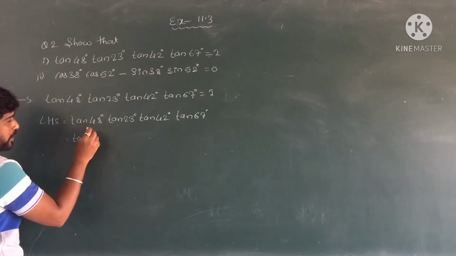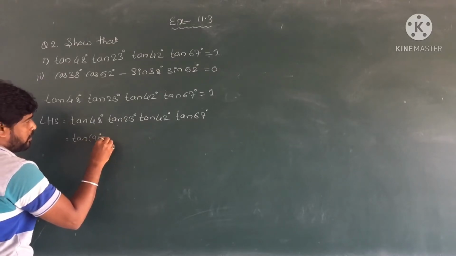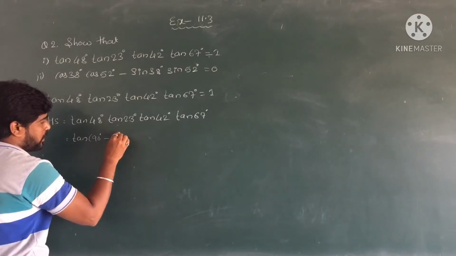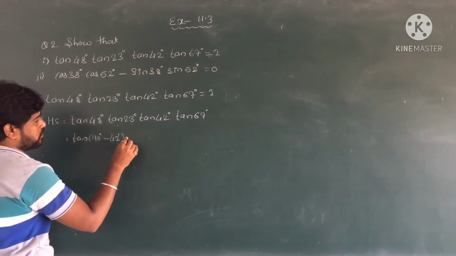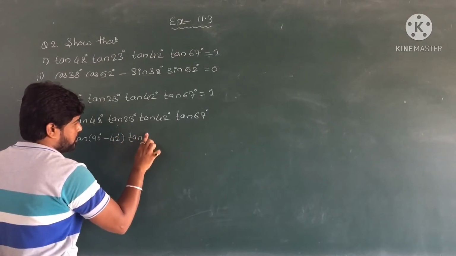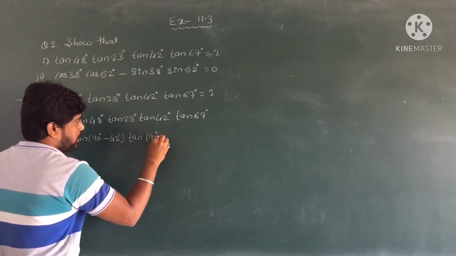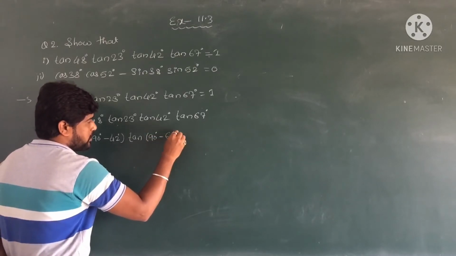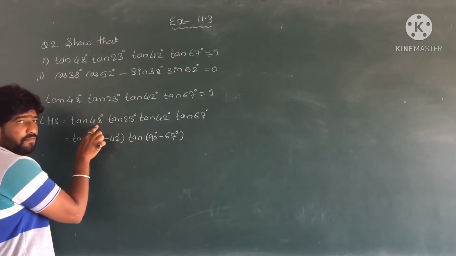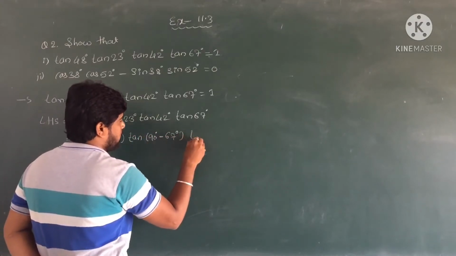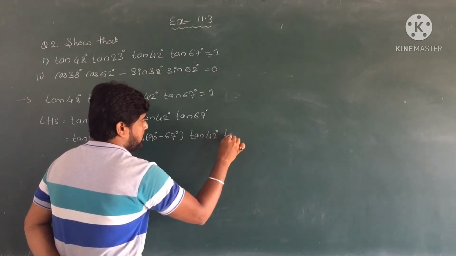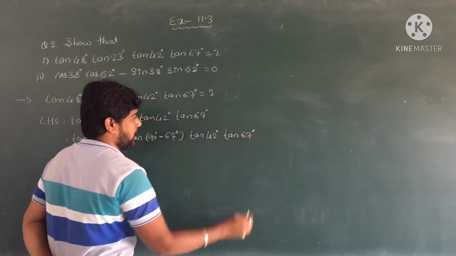So here this 48 we can write as 90 minus 42. So next one, this 23: tan 23 we can write as tan(90 minus 67). 90 minus 67 is 23. 90 minus 42 is 48. Right? So next, tan 42 as it is and tan 67 as it is.